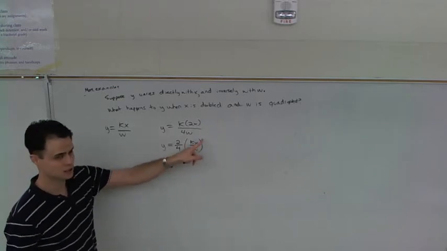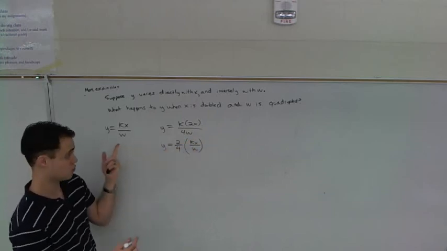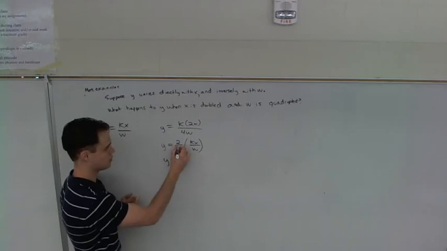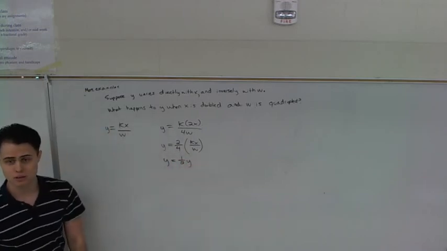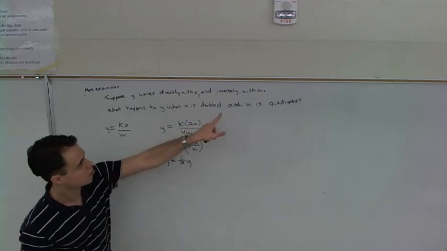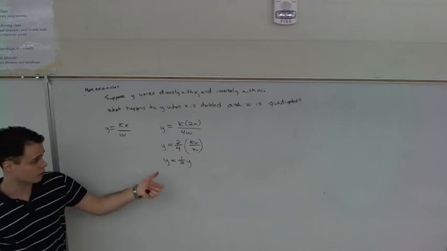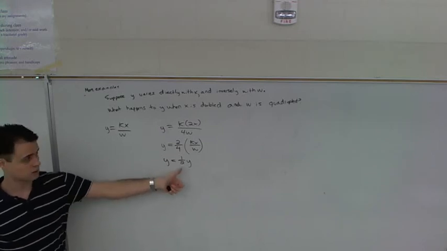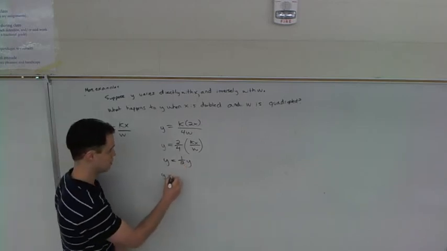Because this is y, right? So this is y equals, and then we can reduce that to 1/2 y. So what happened to y when we doubled x and quadrupled w? It's cut in half. It's divided by 2. So y is halved.